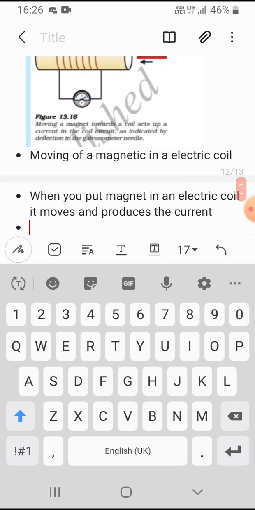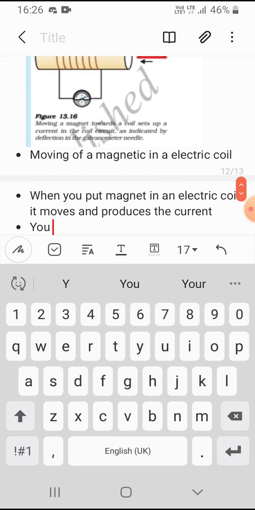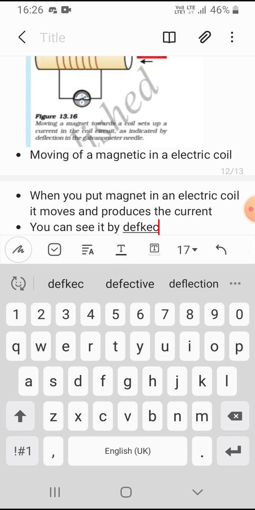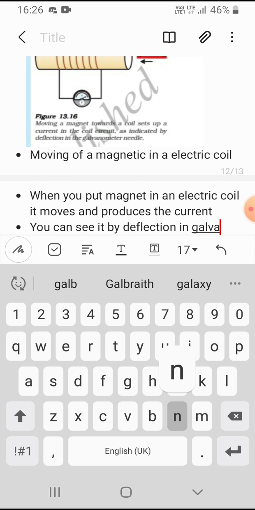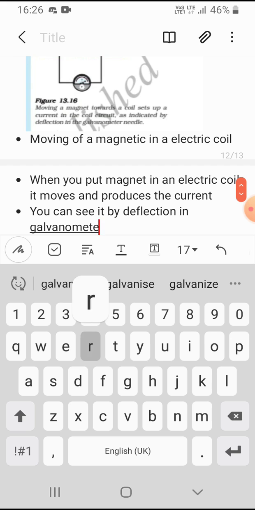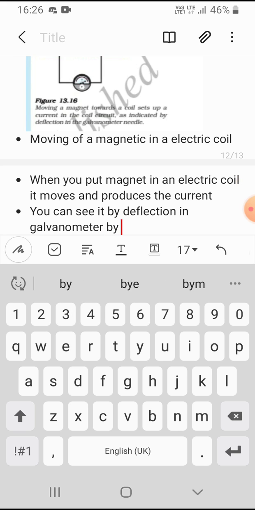There will be current produced, and you can see it by the deflection in the galvanometer.